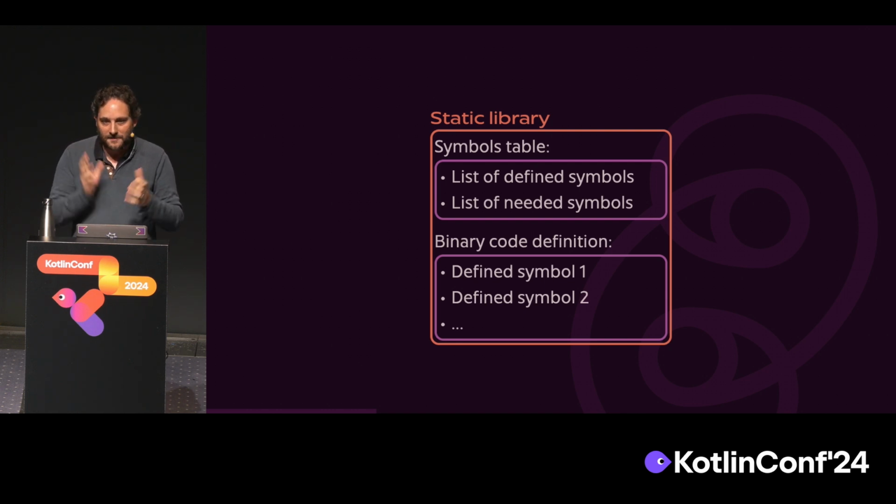It's binary code that's been compiled, but it isn't executable. It's a list of symbols, meaning constants and functions, that are provided by this table, but because it hasn't been linked yet, it's not executable. It has a table of defined symbols inside this library, but it also has a list of symbols that it doesn't define and that it will need in order to become executable code.